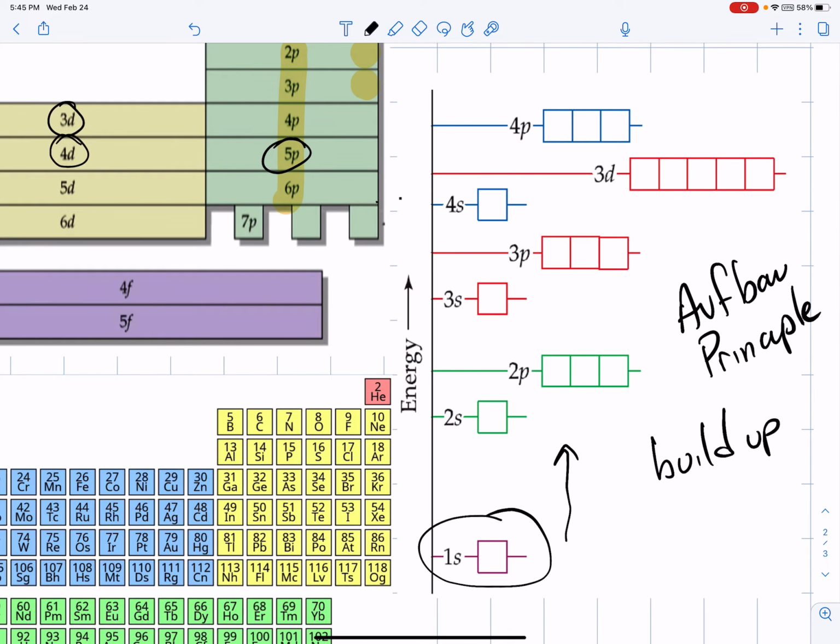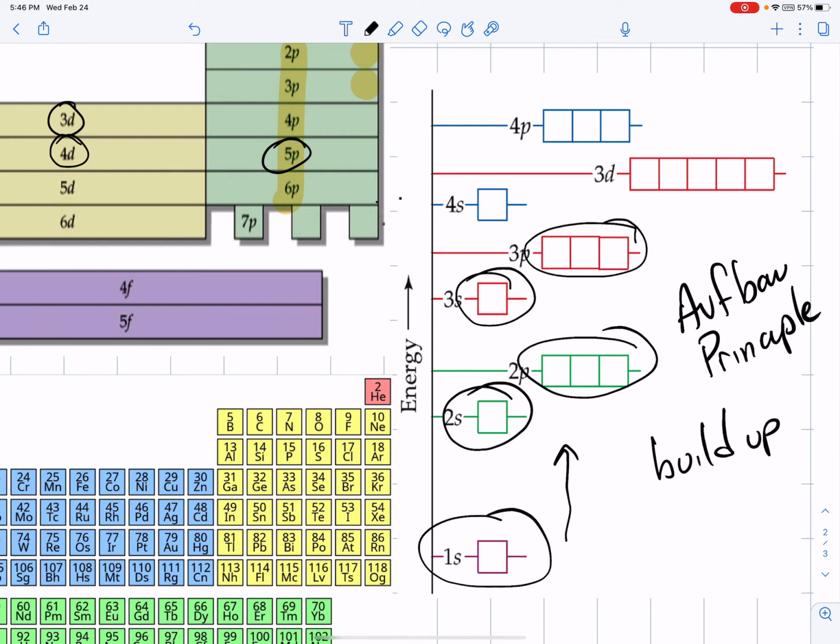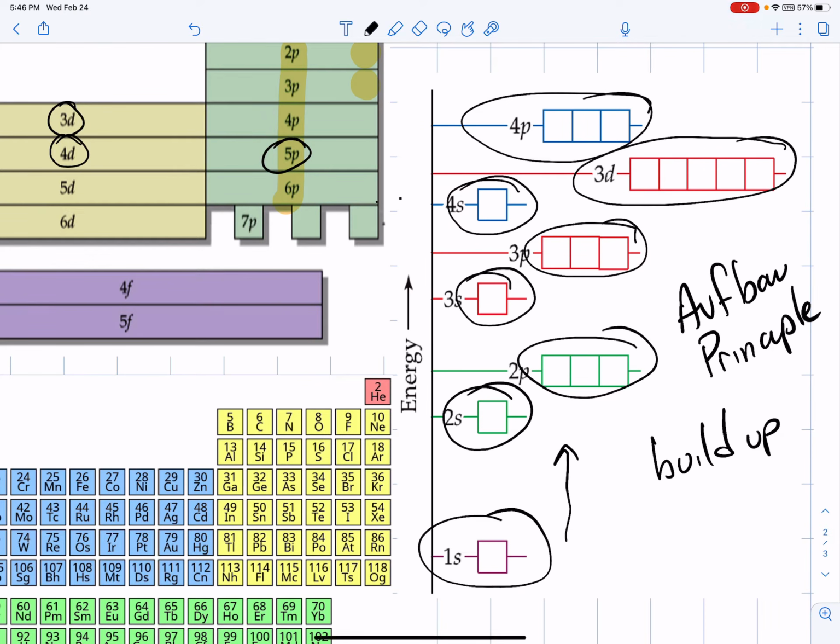So you would start with sublevel 1s, then go to 2s, then 2p, then 3s, then 3p, and after 3p, you would go to 4s, then to 3d, and then to 4p. You start at the bottom and you go up.